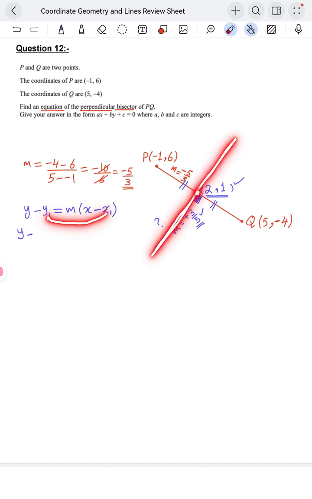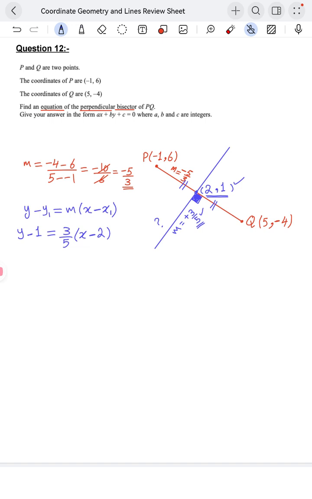The line passes through the point 2 and 1, so x1 is 2 and y1 is 1. So y minus 1 equals 3 over 5 bracket x minus 2. Distribute: y minus 1 equals 3 over 5 x, and 3 over 5 by -2 is -6 over 5.